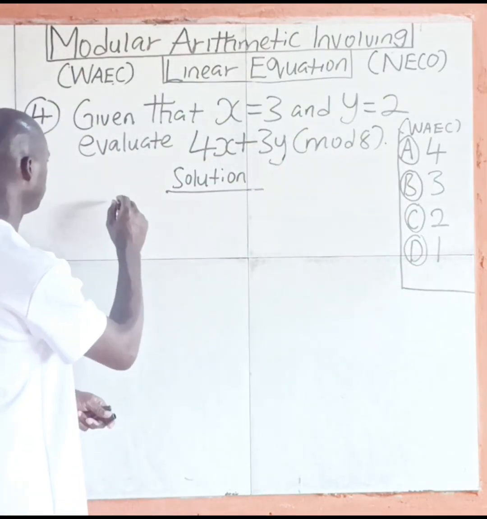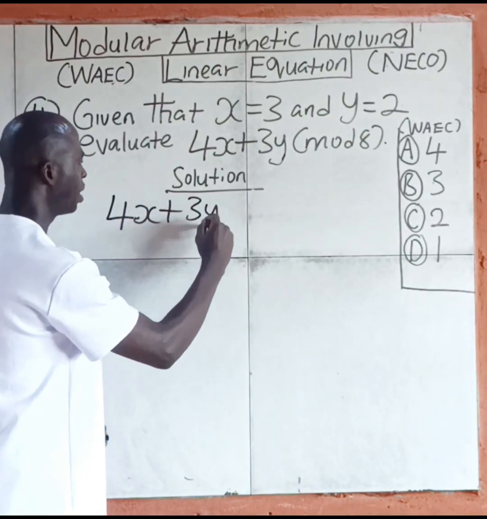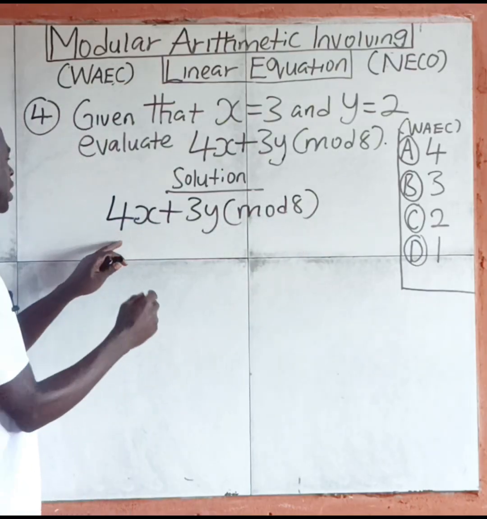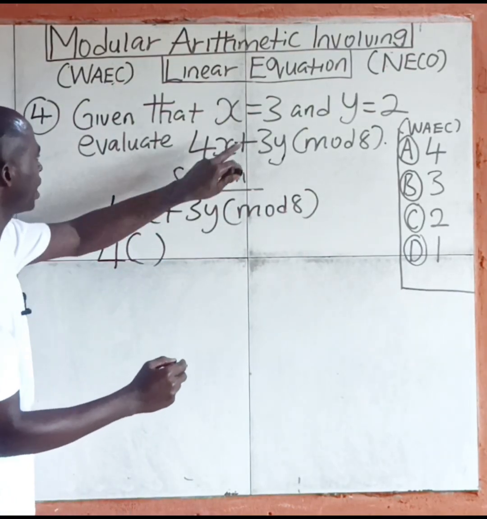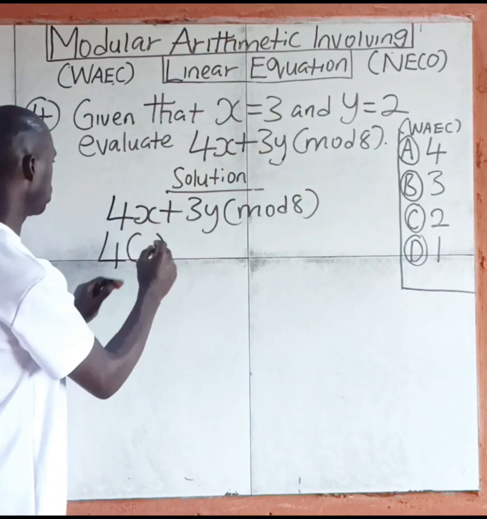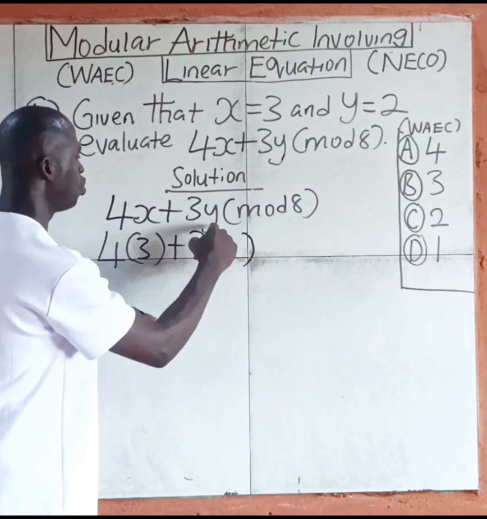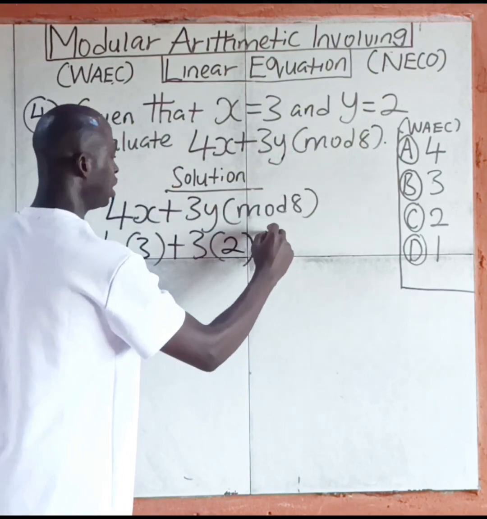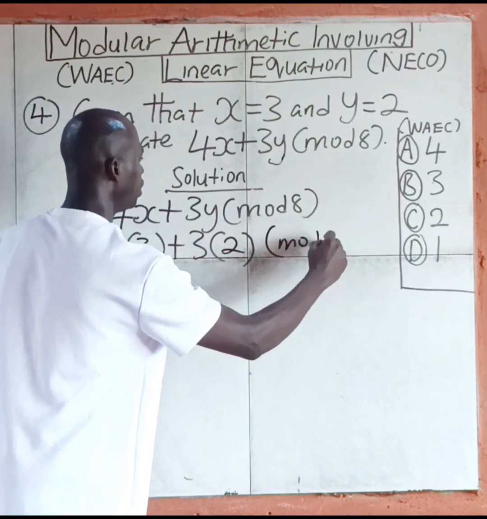So this is 4s + 3y mod 8. Anywhere I see s, I'm going to open a bracket and substitute 3 in there, plus. Anywhere I see y, I'm going to open a bracket and put 2. Then at the end of the day, this becomes mod 8.